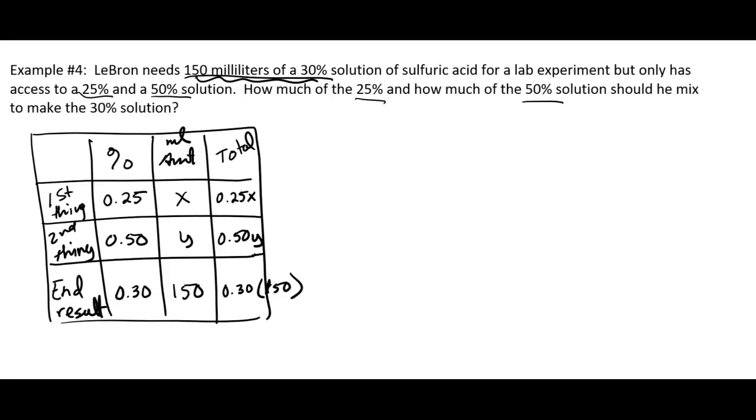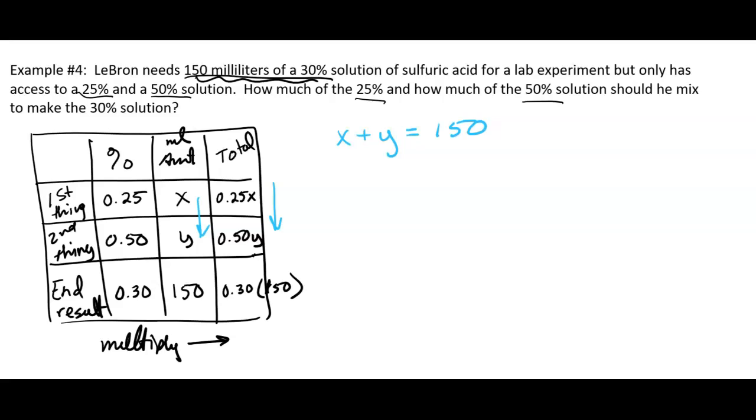All right, so you multiply across, and then you add going down, just those two columns. So we're going to get one equation that says x plus y equals 150.